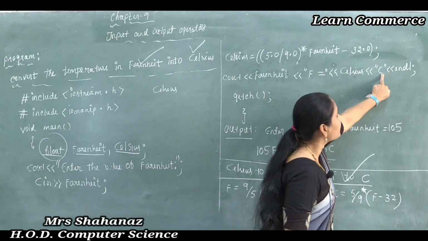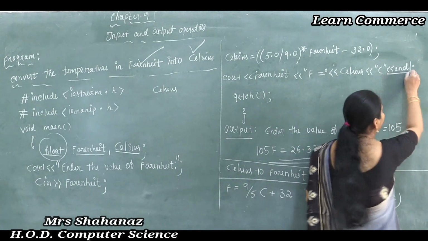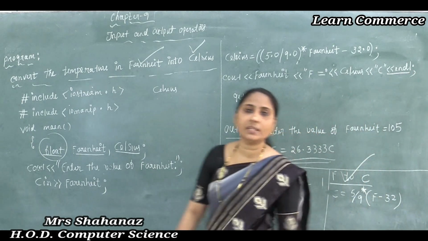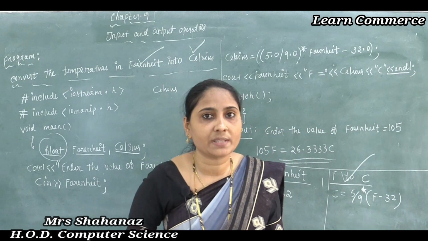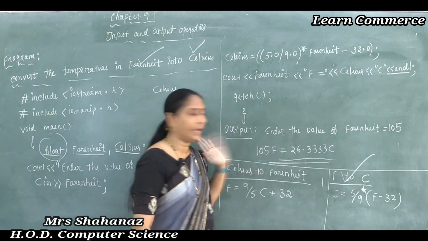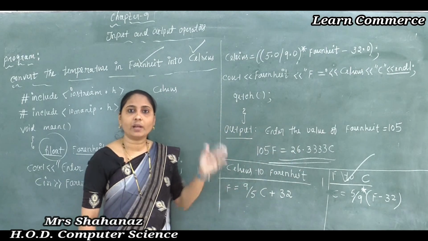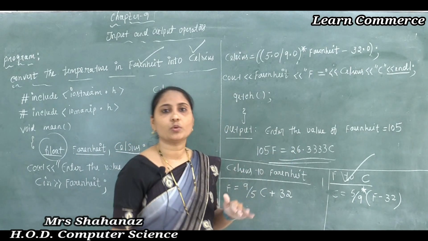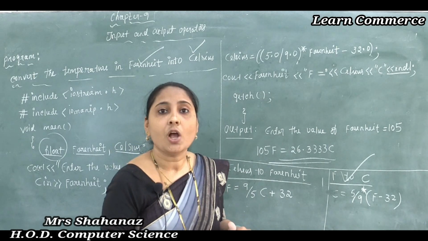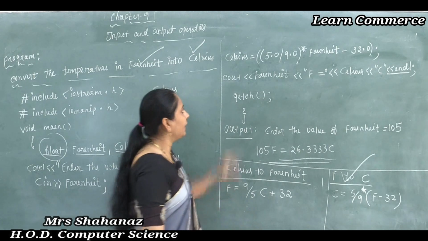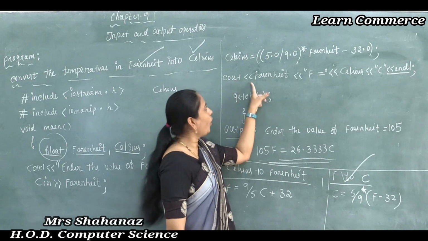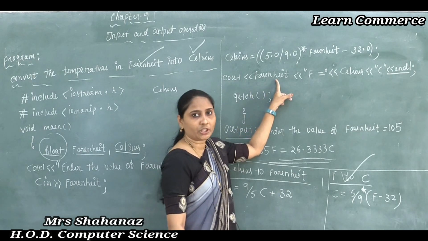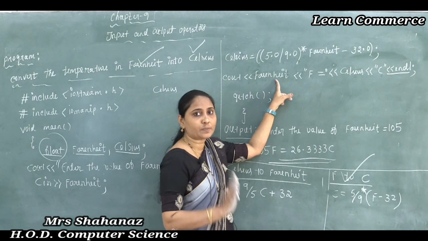And lastly C. And we know why we use the end line, because I want to display such information in the next line, one after another. So from the next line means sure we are using the manipulator operator, that is endl. So, cout operator Fahrenheit, not in double quotation, it's a value to display the value.